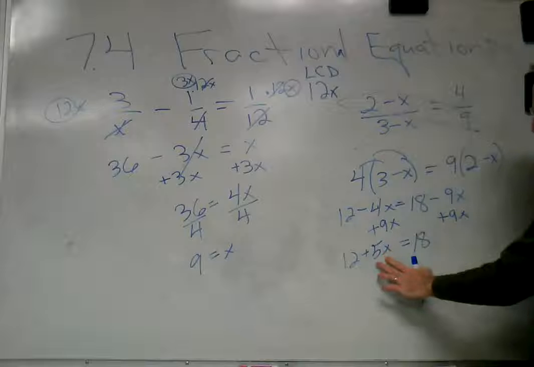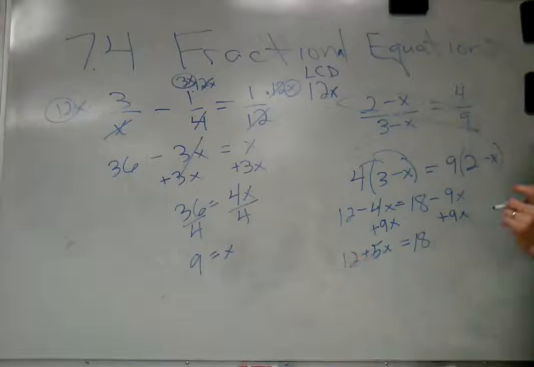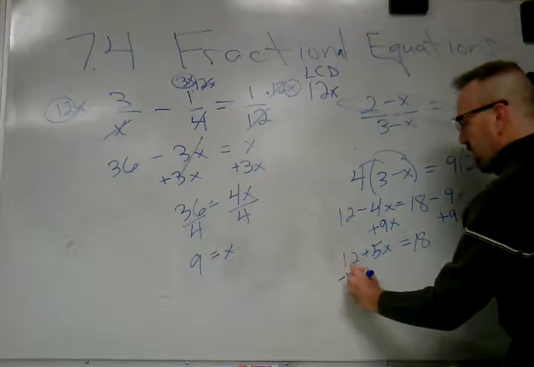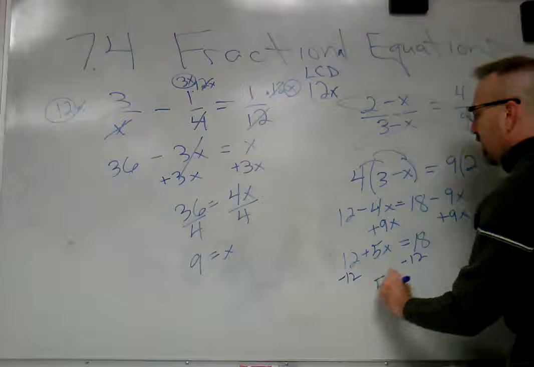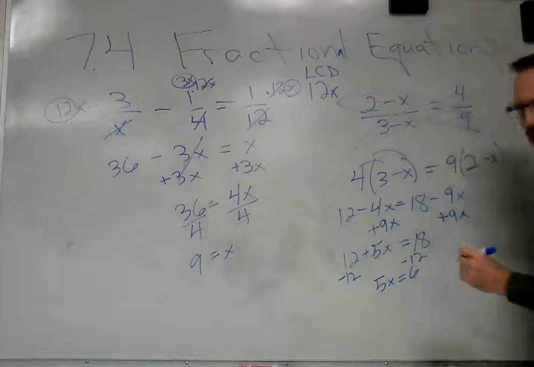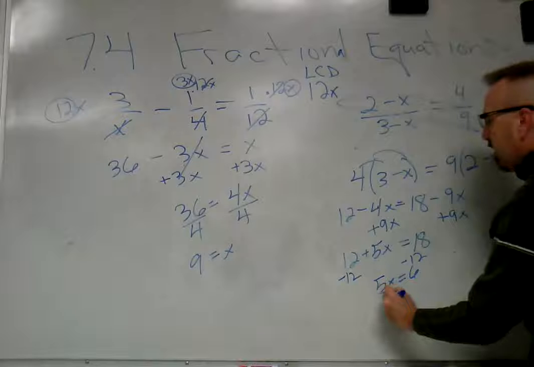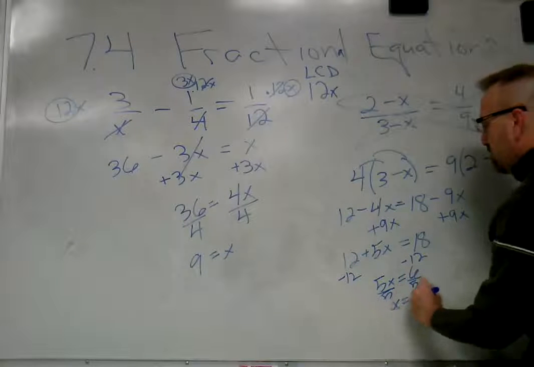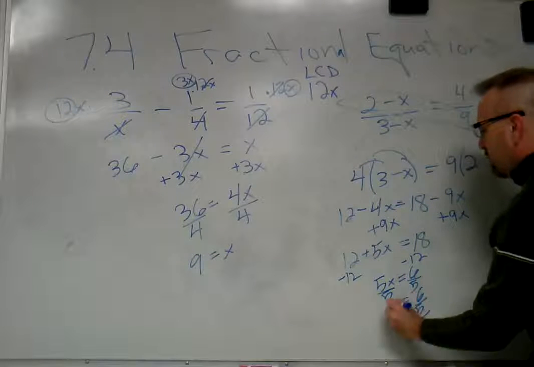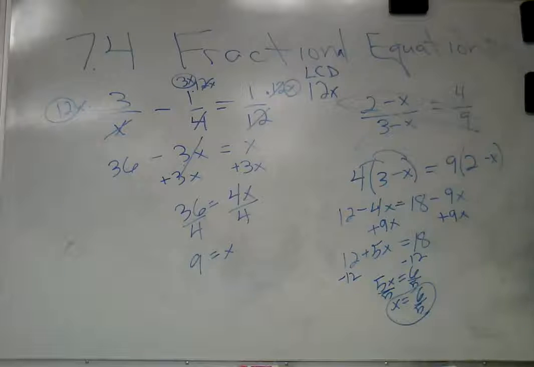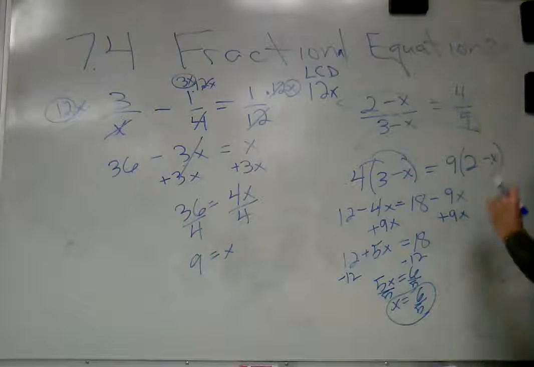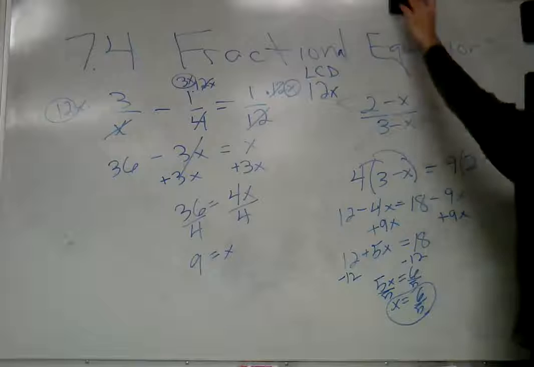So here's our 5x. How can we get rid of positive 12? Subtract 12. So 5x is going to equal 6. Divide by 5. X will be 6 over 5. Okay. So that one, it was simpler not to get the common denominator, which is okay.